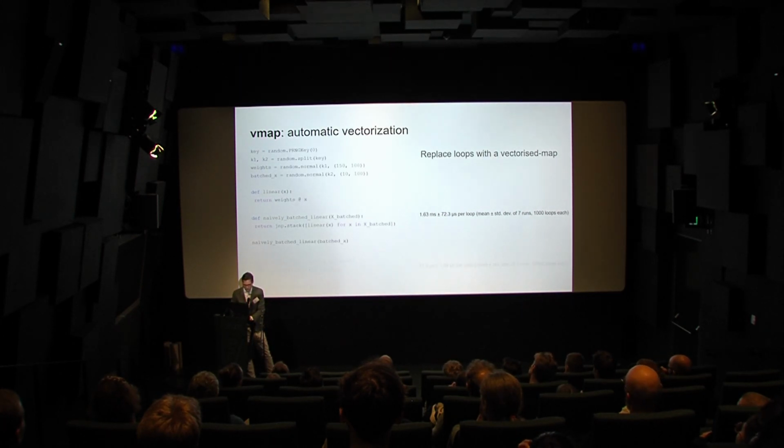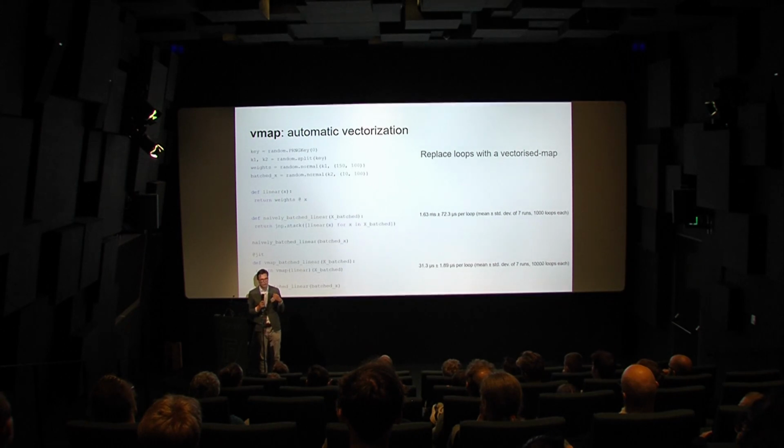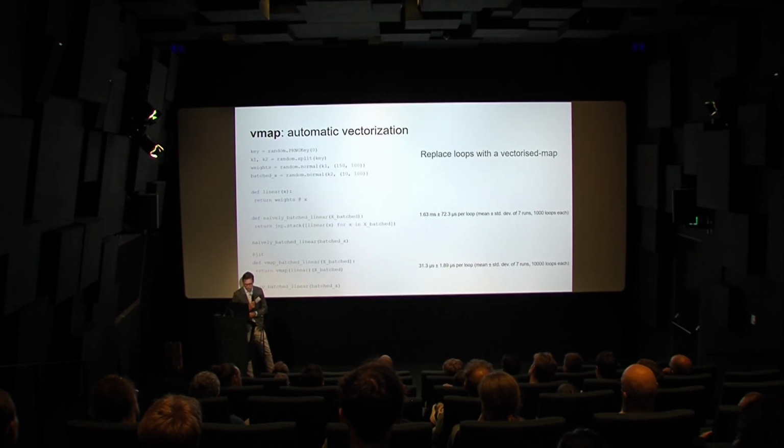JAX allows you to vectorize this very simply: instead of writing this loop, you just use vmap to map this function along this first axis. And here you can see it's also 2 orders of magnitude faster by compiling it and using the vectorized map.